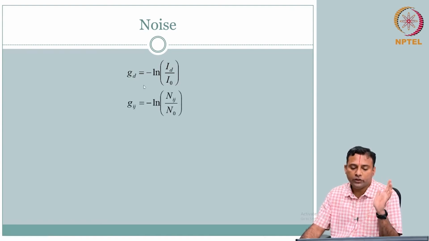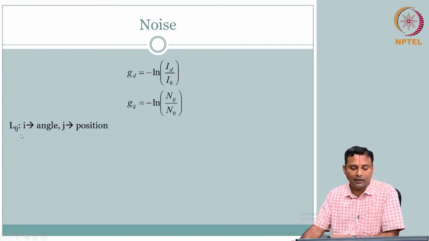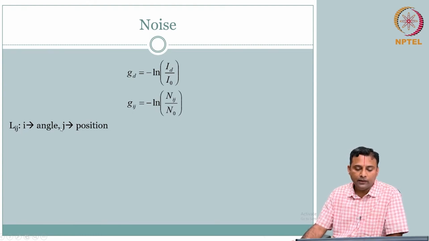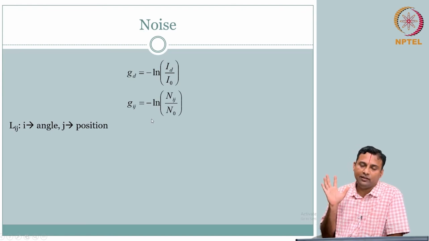So instead of a single detector, because we have i and j, why? Because we have a collection from different parallel lines. i is your angle, j is your position. So you can essentially get G ij equal to minus ln of N ij by N naught. So much for what you have measured.